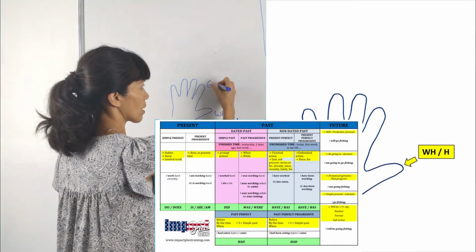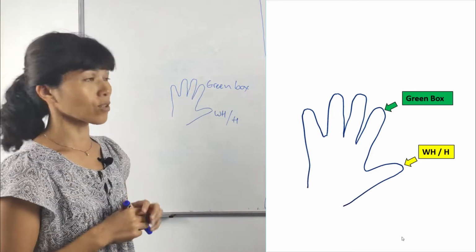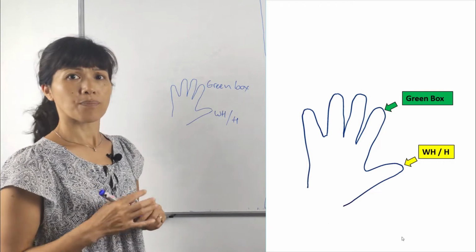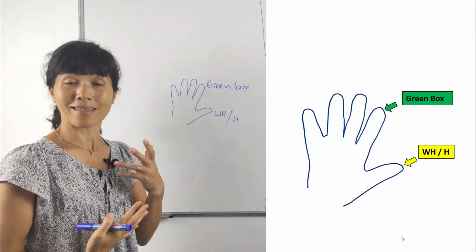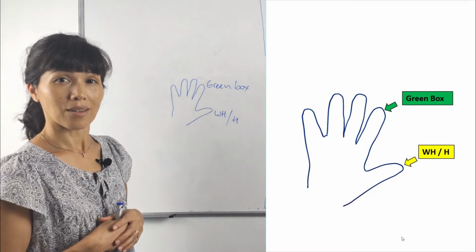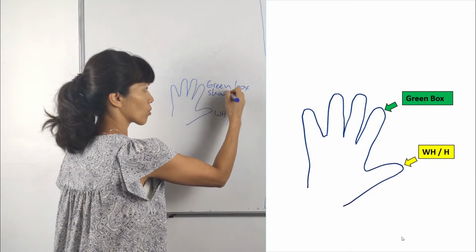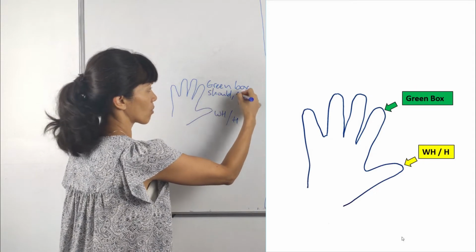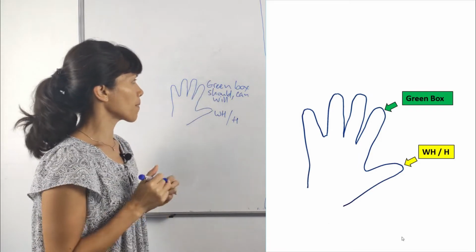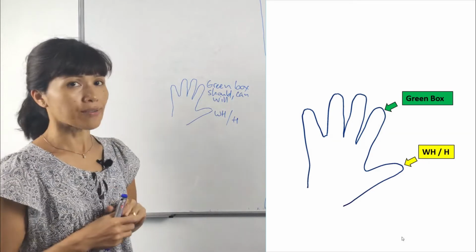So let's make it simple and write green box. So what comes on the index is the green box. So the green box words could be is, are, do, does, has, did, will. We have other words that are should, can. All right, so if you see should, all the modals, or can, you see will, these words will always come on the index.